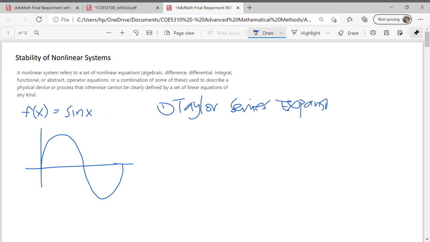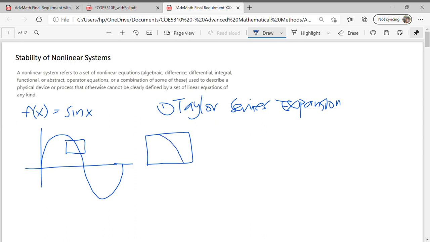Getting the first order of this expansion is getting the linear format of the nonlinear system. It works because, for example, if we take a closer look at this sine wave, you're going to get this view.